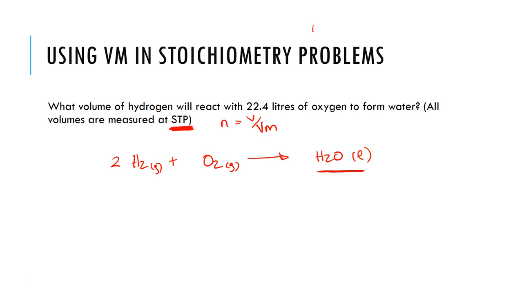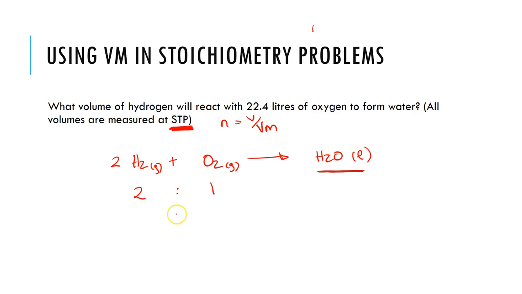Now we've been asked what volume of hydrogen will react with 22.4 litres of oxygen to form water. One of the beautiful things about gases is that they have the same volume irrespective of their nature, so what we're saying here is that 2 volumes of this will react with 1 volume of this.